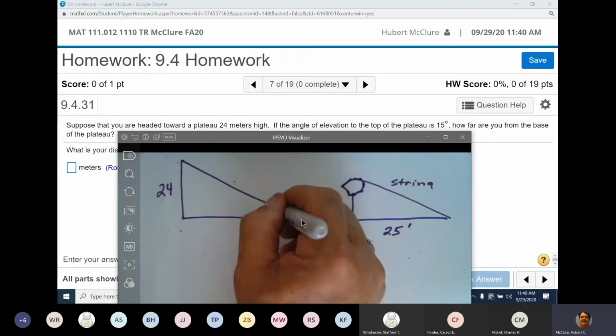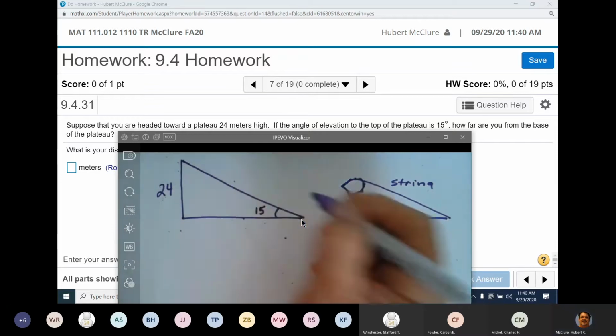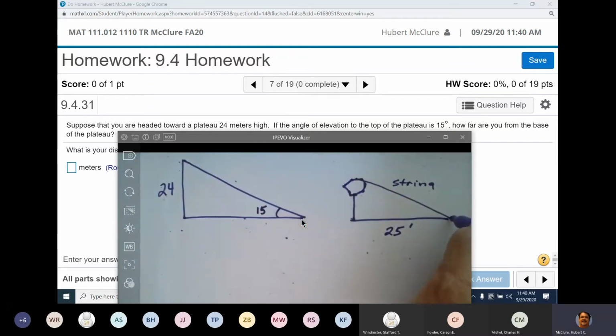You know this is 15 degrees. You lay your protractor down where these two intersect, and your string is hitting, let's call this 20 degrees. And again, I want you to round to the nearest whole degree. Don't try to be fancy and do minutes and seconds because it's not going to work.